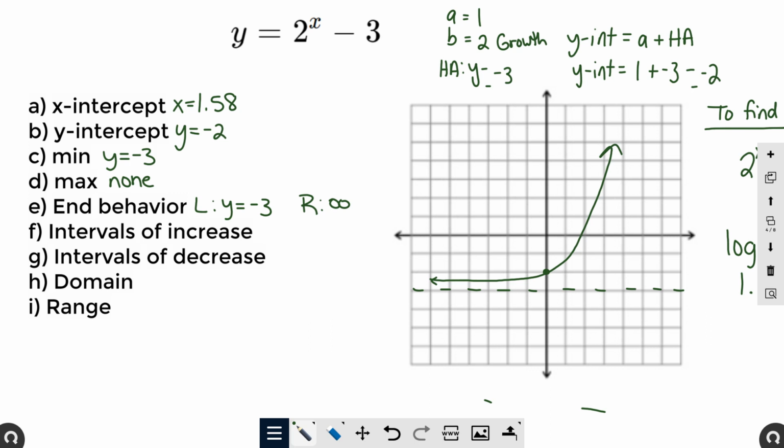Intervals of increase: all real numbers. It's a growth, so it always increases. The decrease is none. Domain: all real numbers again, because it goes everywhere left and right.